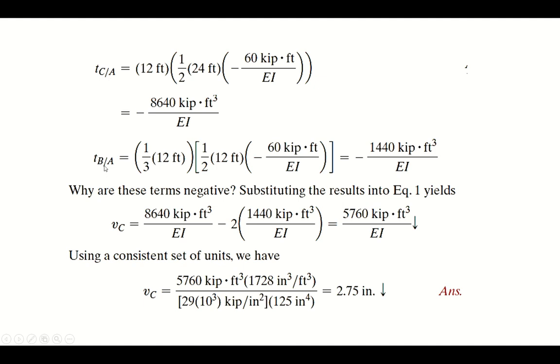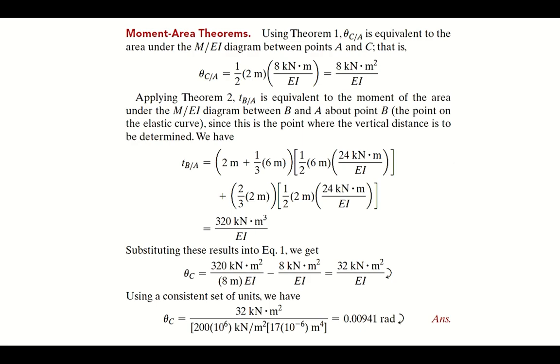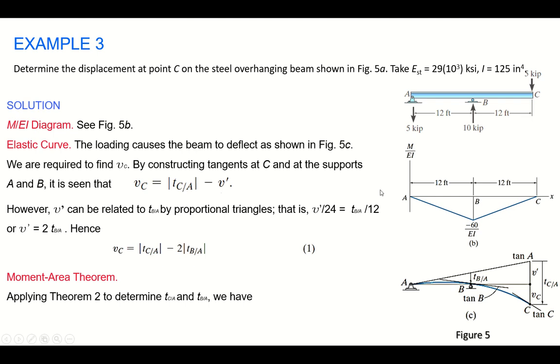Similarly, Tb by A is for the single triangle. For example, the Tc by A is the area of both these triangles, right? And the resultant of this triangle was acting at a distance of 12 feet from C, and the magnitude or its volume was half into 24 into 60.